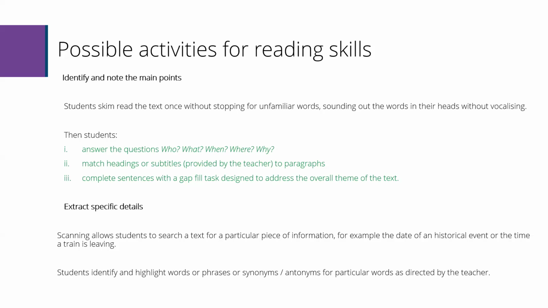So, for example, identify and note the main points. That's one of the skills that's listed. So we'd get students to skim read a text once without stopping for unfamiliar words, sounding out the words in their heads as well without vocalizing. Developing that inner voice is an important bit of developing reading skills.